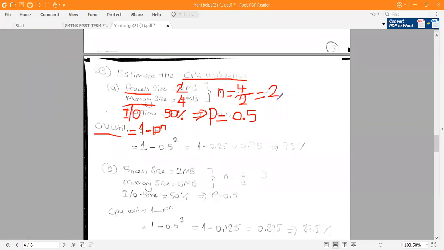The only thing is I have to put these two values into the formula, 2 and 0.5. So 1 minus 0.5 squared. 0.5 squared is 0.25. So 1 minus 0.25 is 0.75, and it is 75%.